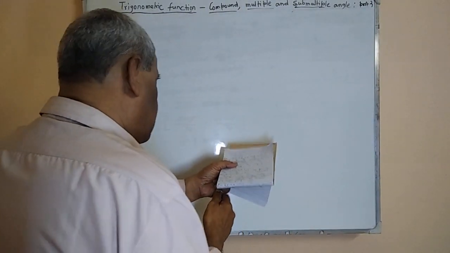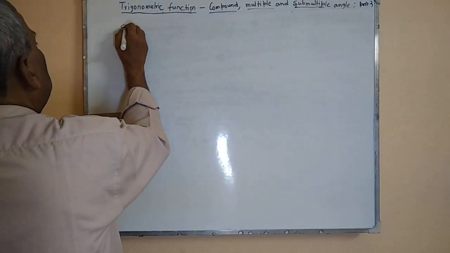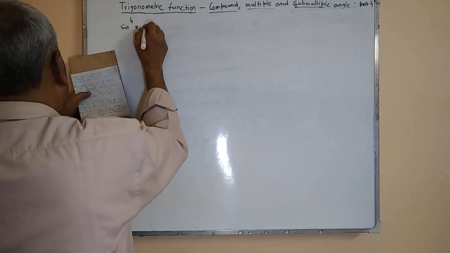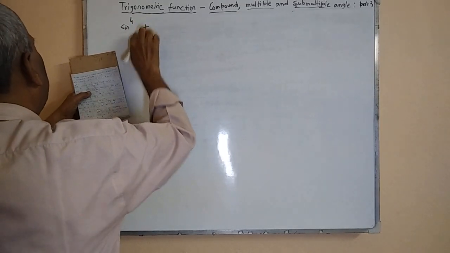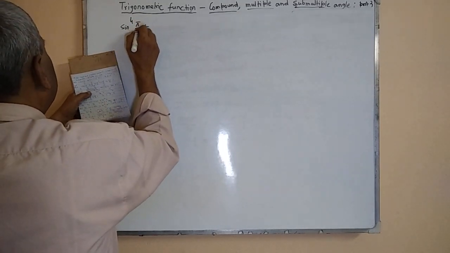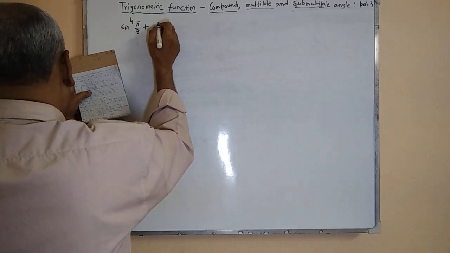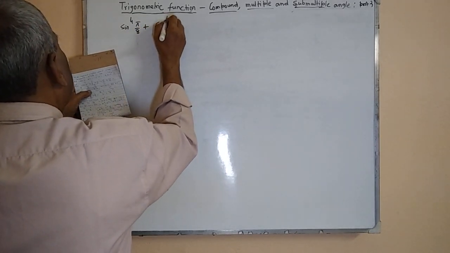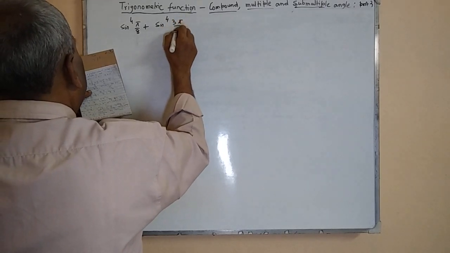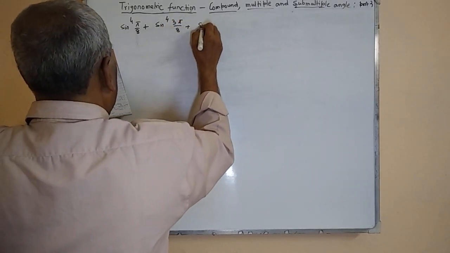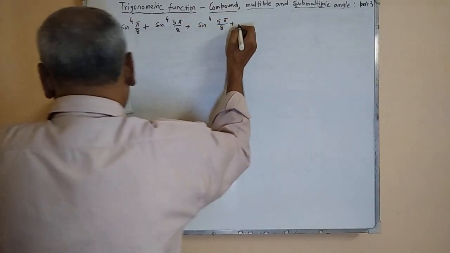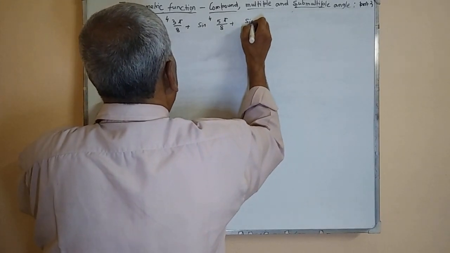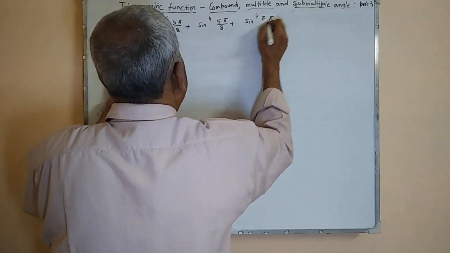Our next problem is the value of sine to the power 4 pi by 8 plus sine to the power 4 3 pi by 8 plus sine to the power 4 5 pi by 8 plus sine to the power 4 7 pi by 8.